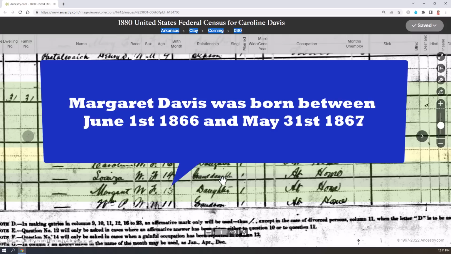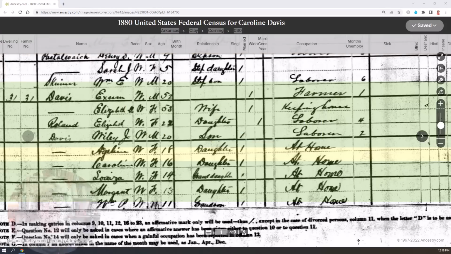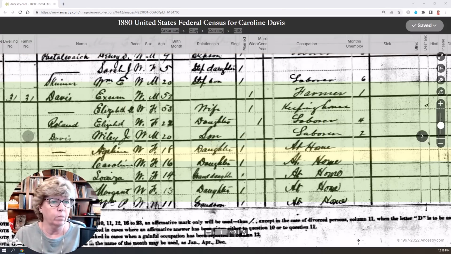It's a little tricky to do the math sometimes, but you can figure this out. So long story short, you could do the same calculation for everyone in the family and figure out roughly those birth dates between point A and point B based on the information at the top of the page on the 1880 census.